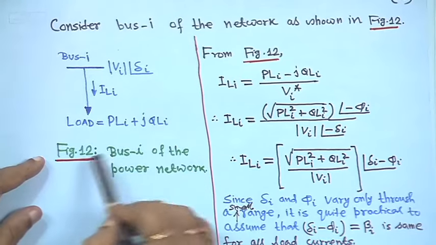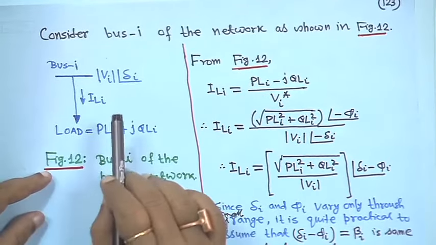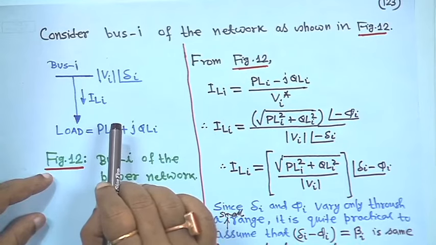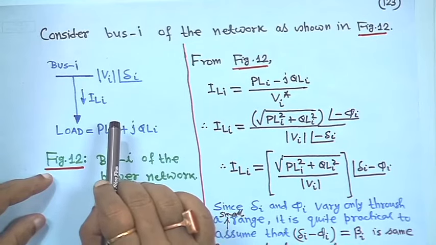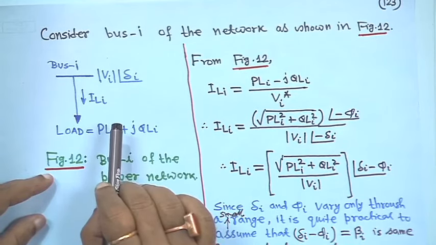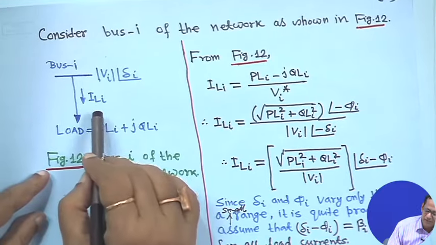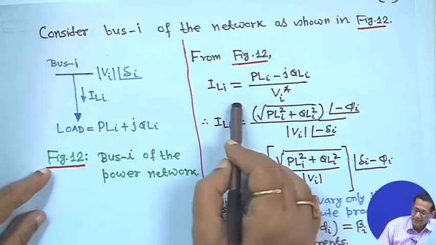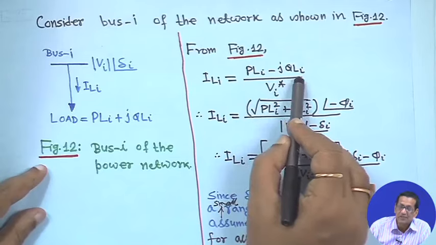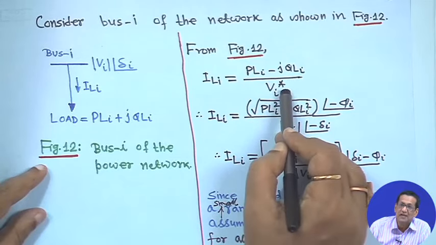We know from figure 2 that in general P minus jQ is equal to V conjugate I, that means I is equal to P minus jQ upon V conjugate. So, this load current ILI we can write as PLI minus jQLI divided by VI conjugate.